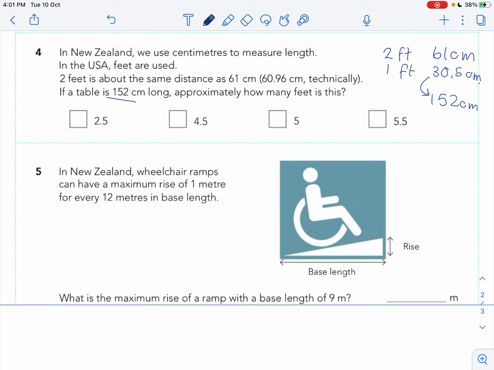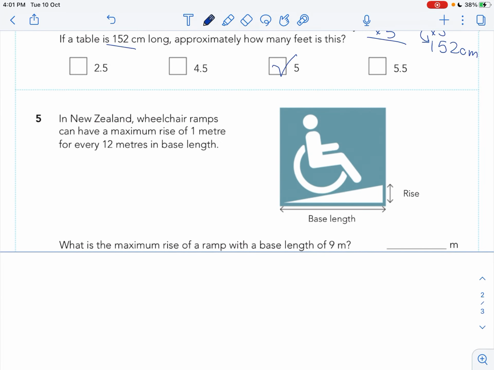And that is 4.98, or let's say 5. Okay, we'll say 5. So what we're doing is timesing that by 5. 1 times 5, of course, is 5. So it should be 5 feet.